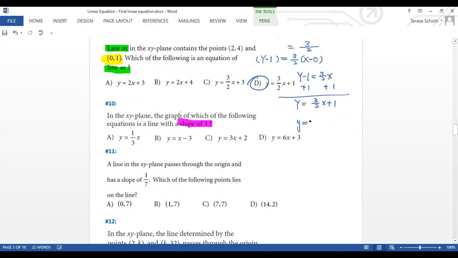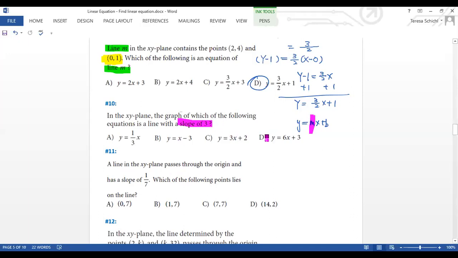This one is mx plus b. What is my slope? The slope is the constant in front of x. So this line has to have slope equal to 3. Immediately, what is the answer here? What is your answer here?